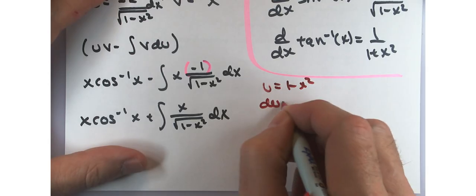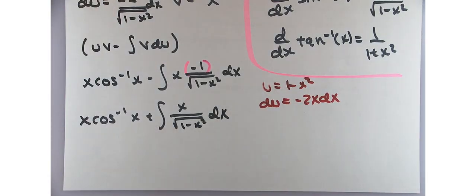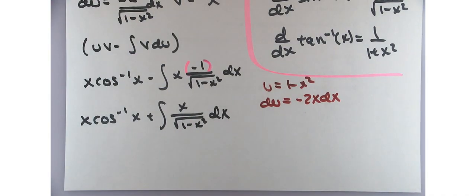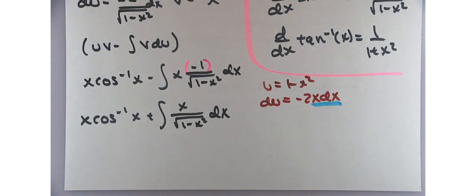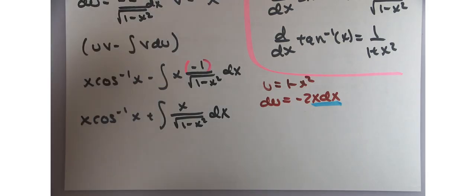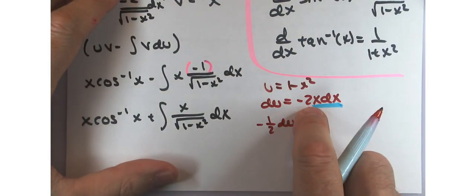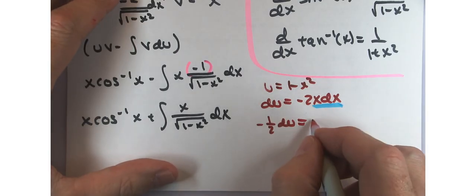Du would be minus 2x dx. And looking at what I have in the integrand, I've got an x and a dx term. So I'm going to solve for that. Now some of you might do this a little bit different. That's fine. I'm going to write the minus 1/2 over here, so divide both sides by -2 or multiply by its reciprocal. X dx.